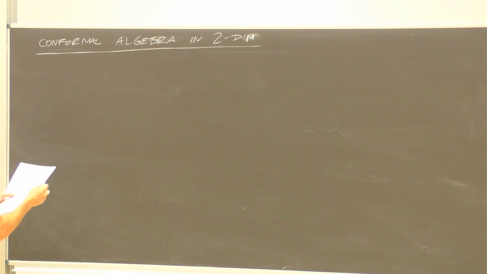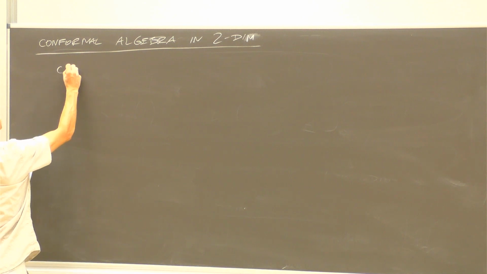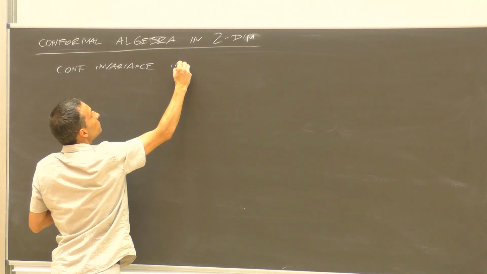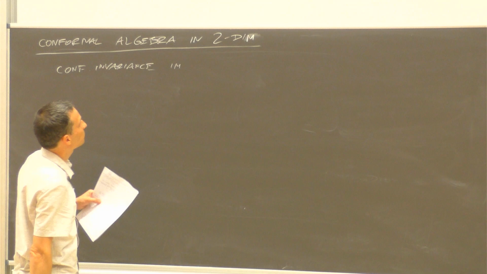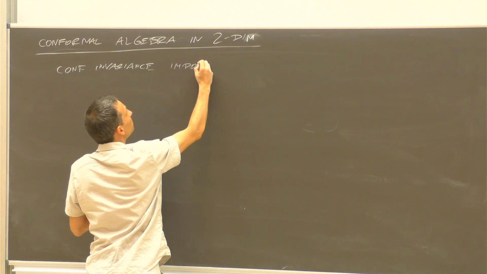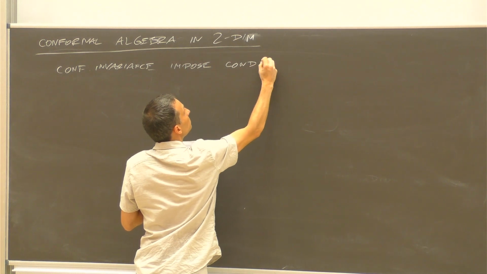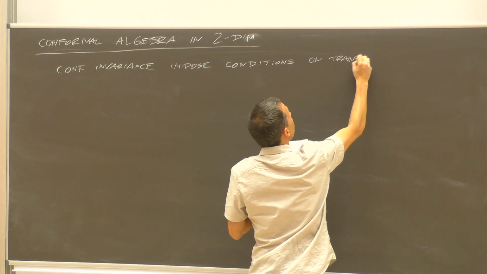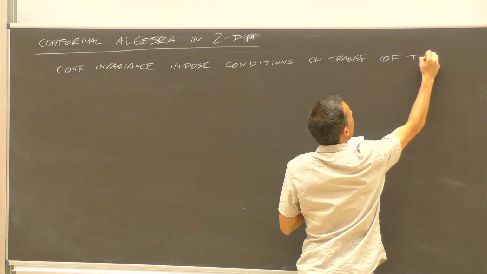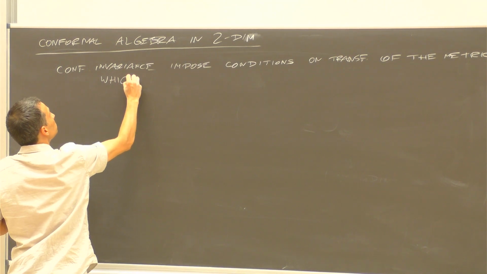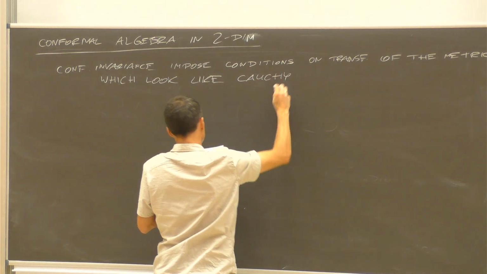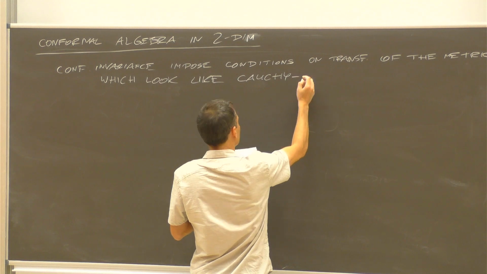And it turns out that it imposes conditions which look like Cauchy-Riemann equations, from complex analysis, for functions which define transformations of the metric.